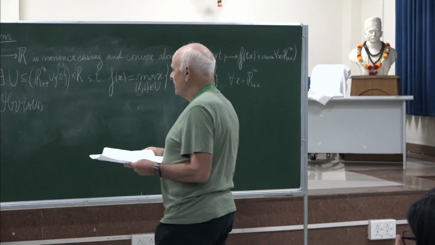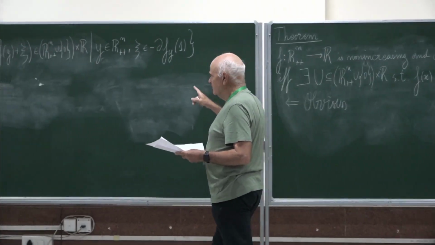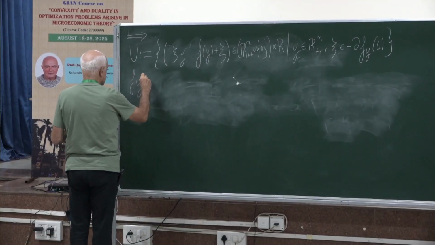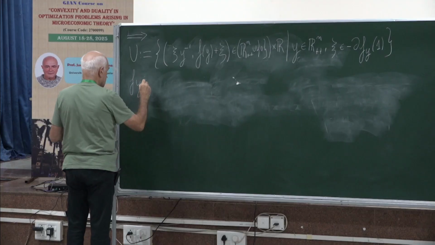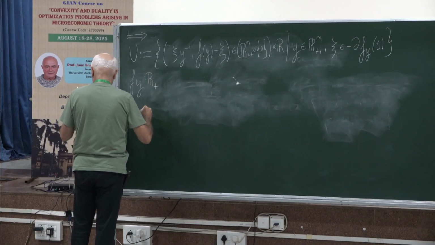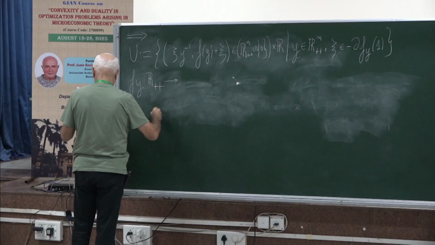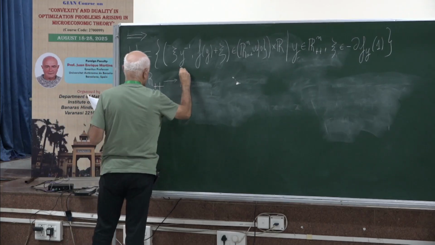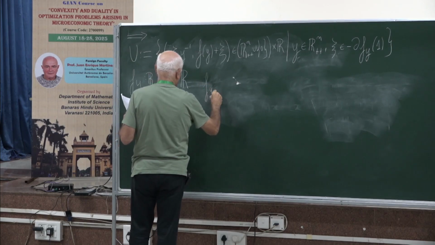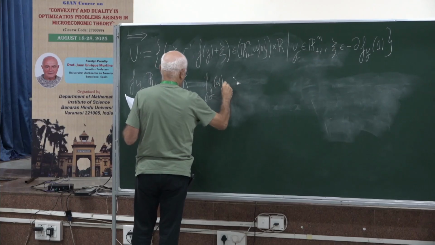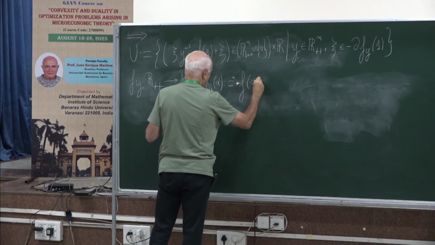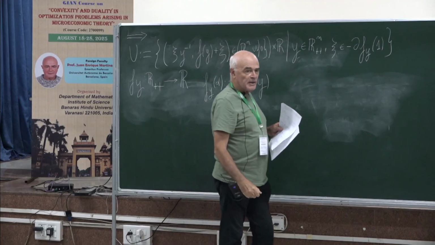Okay. I didn't say who is Fy. Fy from R plus into R is defined by Fy of alpha equals F of alpha y.